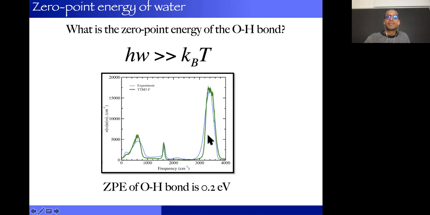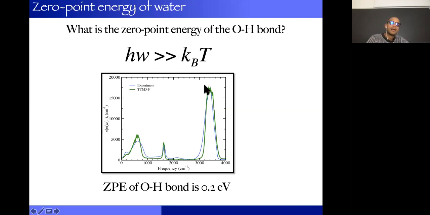And this is a typical frequency spectrum. It's a vibrational spectrum of water. So focus on the blue curve. This is the experiment. So this is a vibrational frequency distribution of relevant vibrational modes that are present in water.